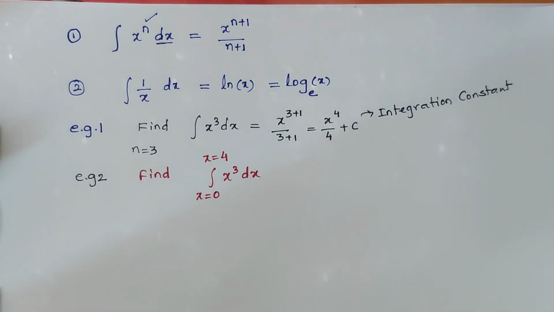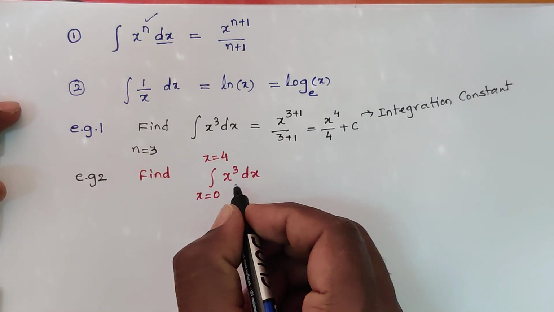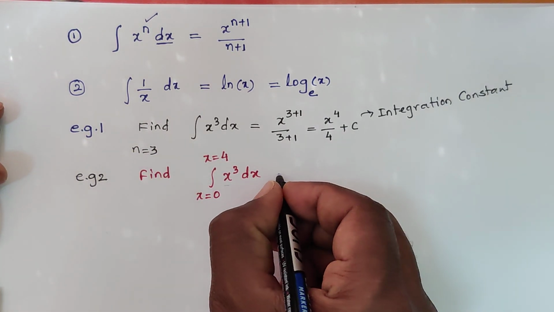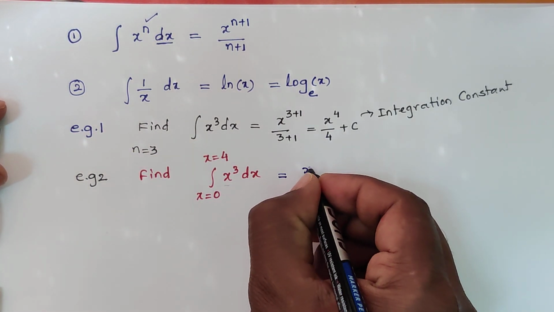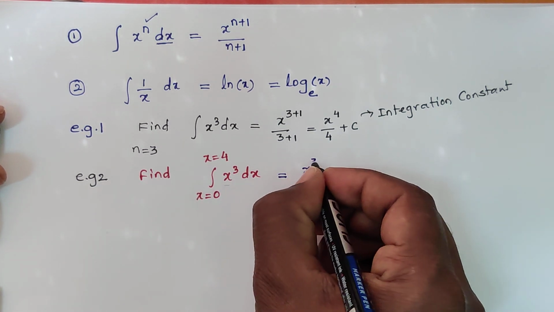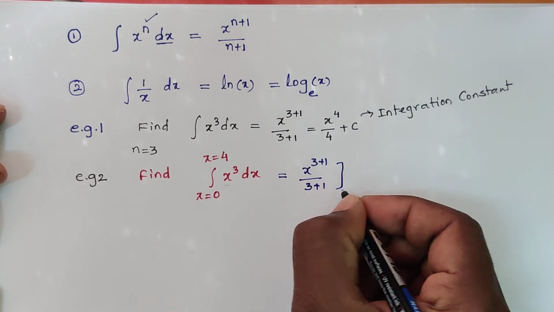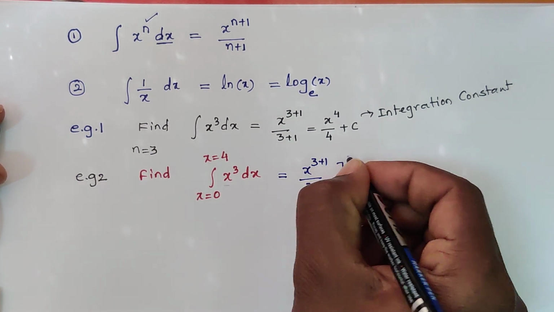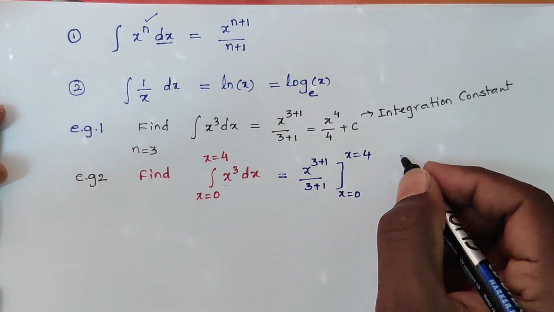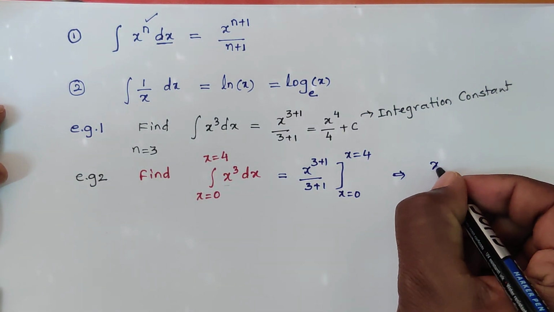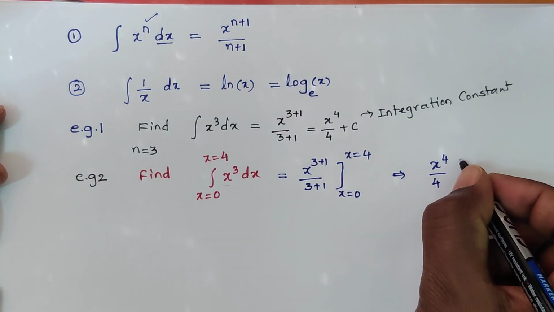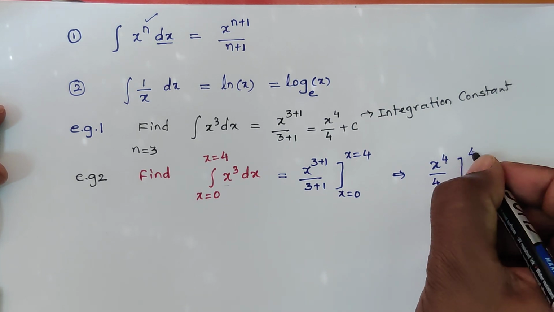Here lower limit is 0, upper limit is 4. So again, by integrating we will get x to the power of n plus 1, that means 3 plus 1 by 3 plus 1. That means x to the power of 4 by 4, limits from 0 to 4.